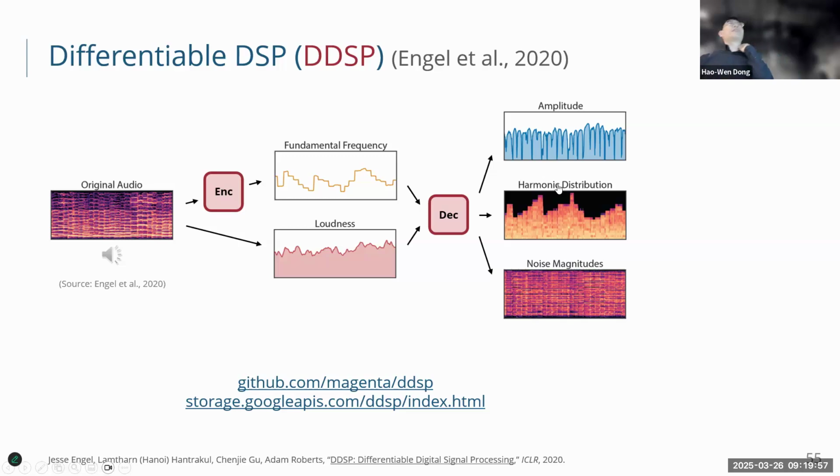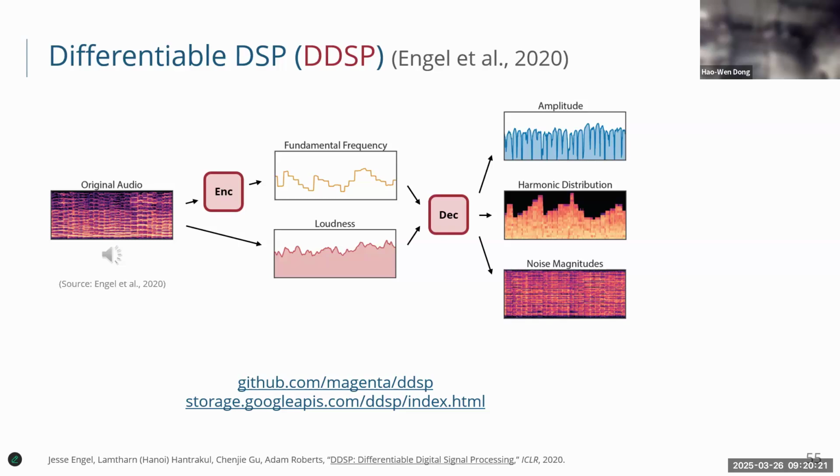So what you want to get are these three things. First you get the amplitude. This is trying to mimic the waveform, but this is much easier, just the waveform amplitude. And harmonic distribution is basically, again, like a spectrum. How much stuff is in the lower frequency side and the higher frequency side.